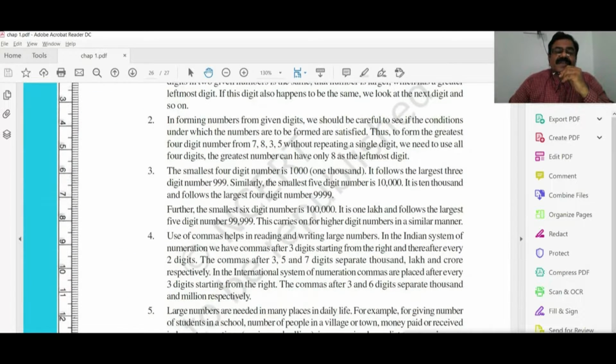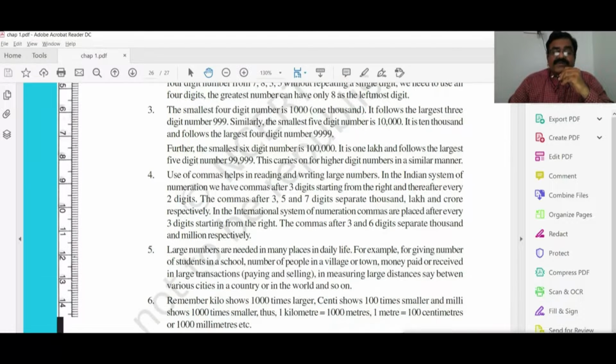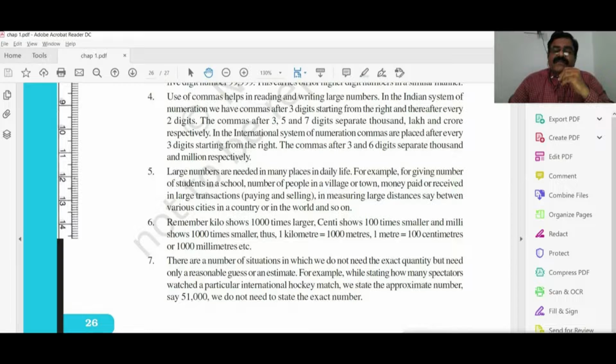Students, in summarized form I want to say that you remember the Indian place value chart and the international place value chart. These two value charts are very important to understand, to numerate, to read and to write any number. By knowing these two place value charts we can very easily write, know and understand all the findings and facts of numeration and numbers.